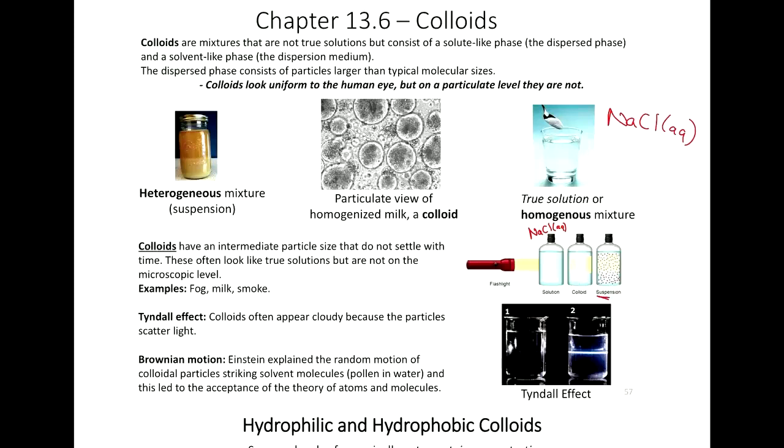But on the particle level, if we zoomed in really, really finely, we would actually see that there are particles of different sizes, and they're inconsistent. So that would make it a heterogeneous mixture. But the thing is, to our eyes, they look like true solutions. Because milk seems like it's uniform, but it's not. Is the first sip you drink of milk the same as the last sip you drink?